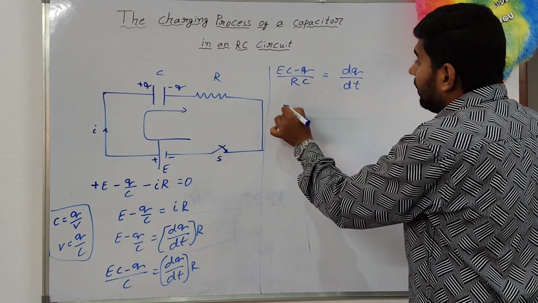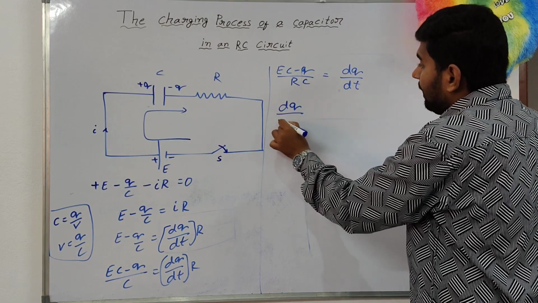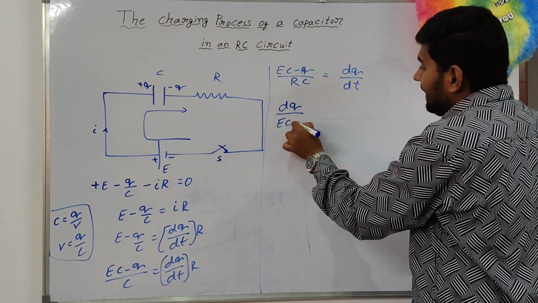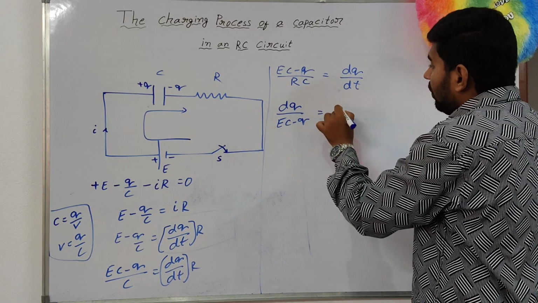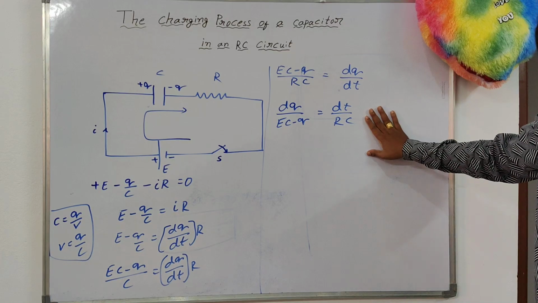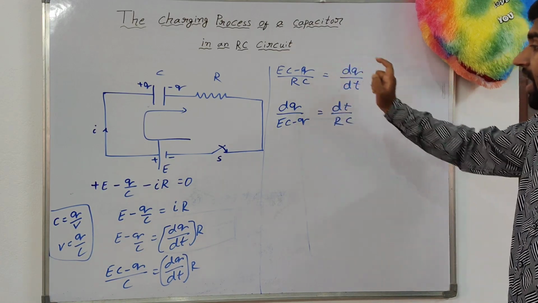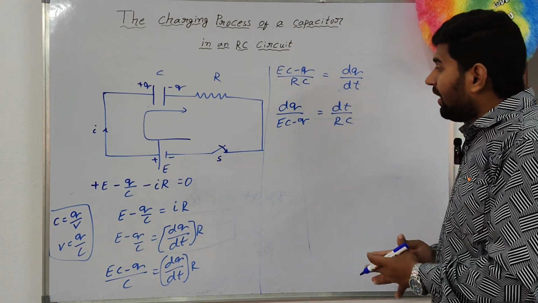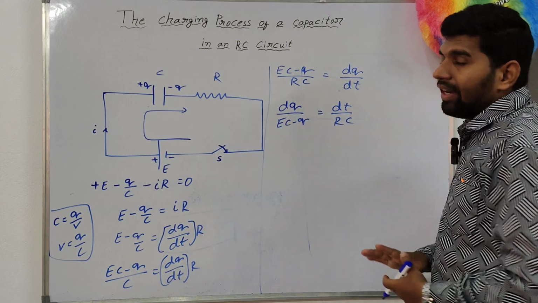How can I write it? dq by EC minus Q is equal to dt by RC. Now our aim is to find the charge value. How to find it? If you integrate on both sides, you will get the Q value.